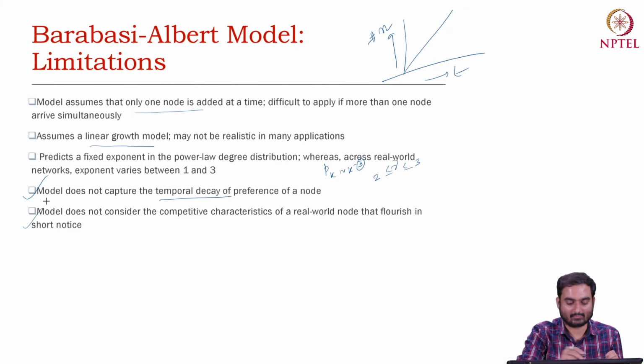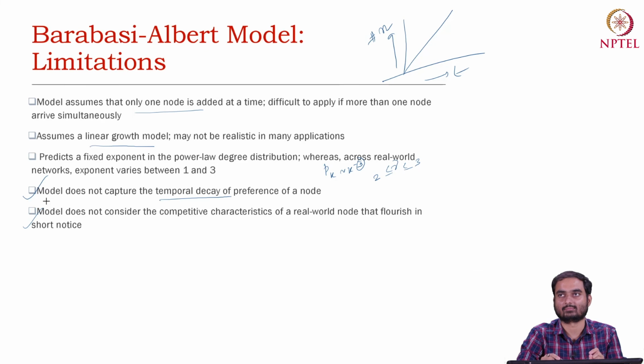And the last problem is that there is no such factor of competitiveness, right. What does it mean? It means that when a new node joins, it does not have the power to compete with others.